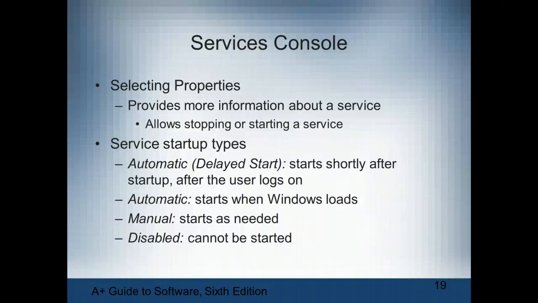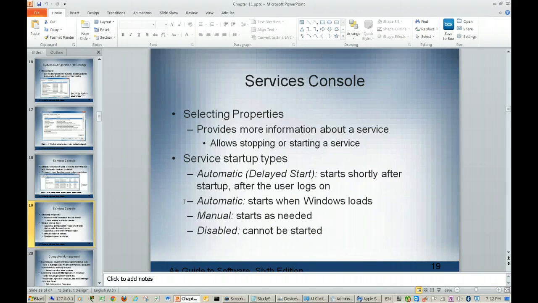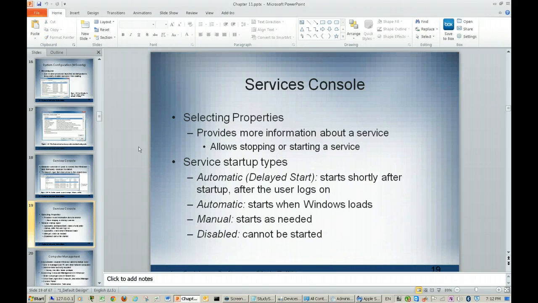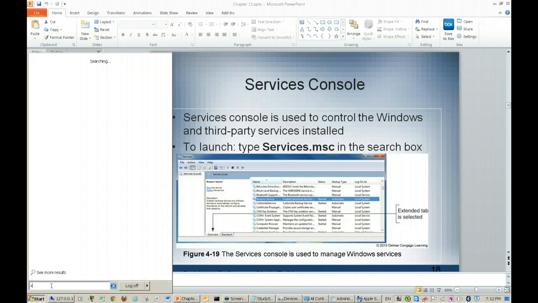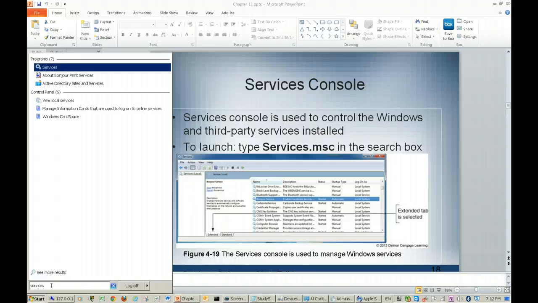The services console. How did it say we get there? Go to the services console, type services in the command line. Actually, we can just type services and wait for Windows to go find it, and we have the services console itself. We looked at services in Task Manager.